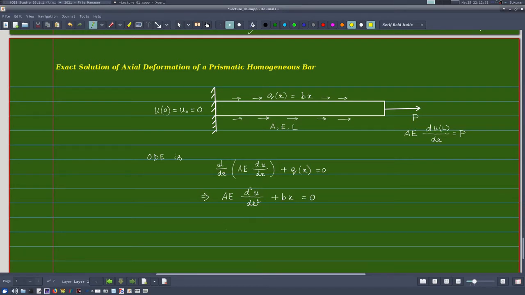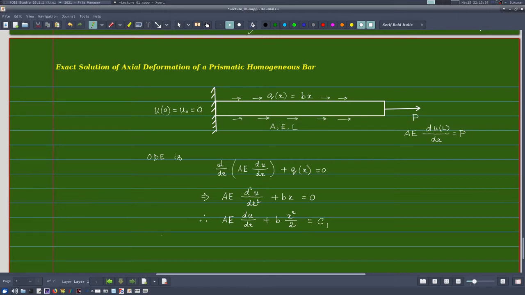solve it by integration. So if I integrate it, what I get is AE du/dx, if I integrate it once, plus b into x squared by 2 will be equal to C1, right? C1.